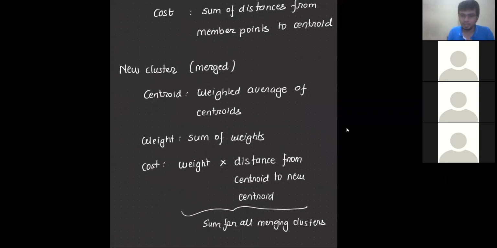Then you do the summation over all the clusters that are merging: the sum of the product of the weight of each individual cluster multiplied by its cost, which is the distance between the old centroid and the new centroid. So this is the new cost, the new weight, and the new centroid.